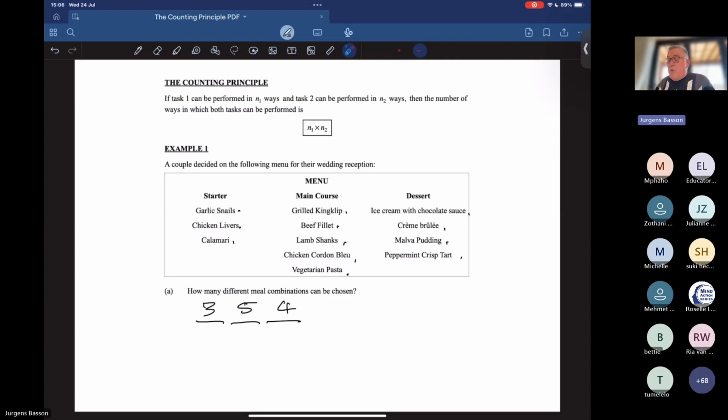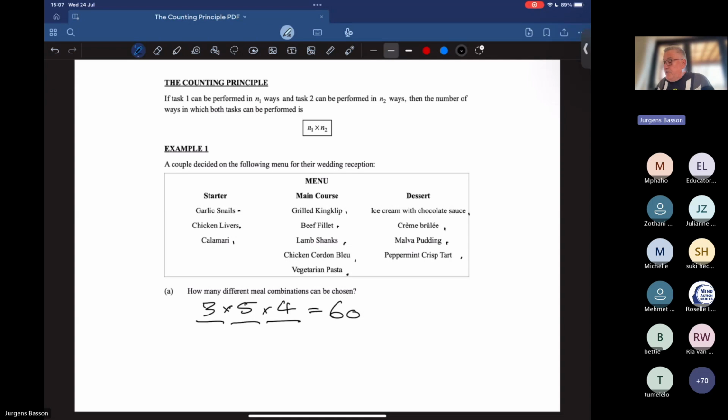Now, to know how many meal combinations, we're just going to multiply these 3, and I think you're all happy with 60. So that is the number of meal combinations. You do notice it's a fairly easy question, but I believe that is where you need to start. You need to start with easy ones so that you take the learners slowly into the counting principle.